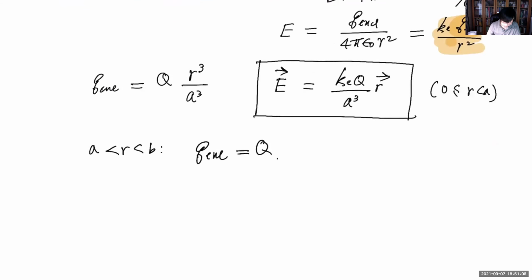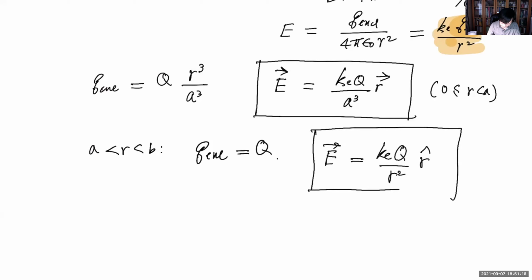So therefore E equals to what? kQ over r squared. That's it. So this becomes the electric field of a point charge once again. But you see, it's different from the first expression. The first expression is linear growing. This one goes like one over r squared.